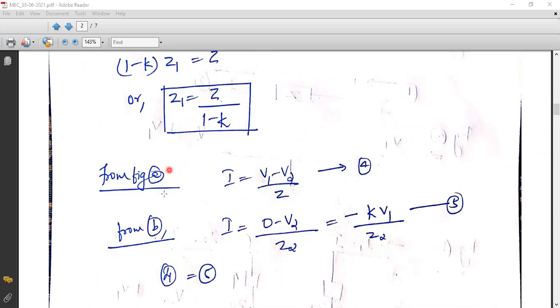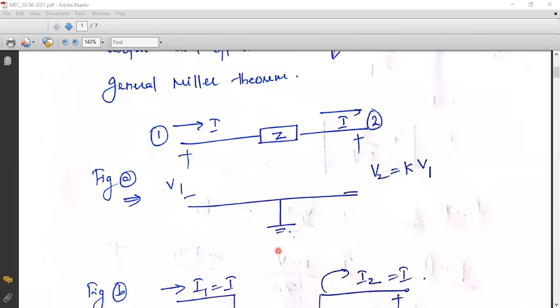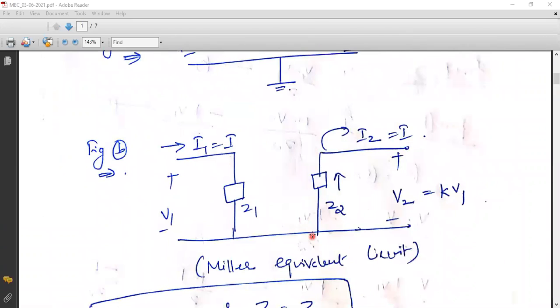Okay, so for that, again I should go for figure A and write the equation for I. Similarly, from figure B, that is especially from the output loop, now you will write the equation for I. You know that this is a common source amplifier, so output will be the inverted mode of input. So always the current can be written as 0 minus V2 by Z2. Okay, this is your ground voltage, this is ground, so 0, current is moving in this way. So 0 minus V2 divided by Z2, that will be your output current.